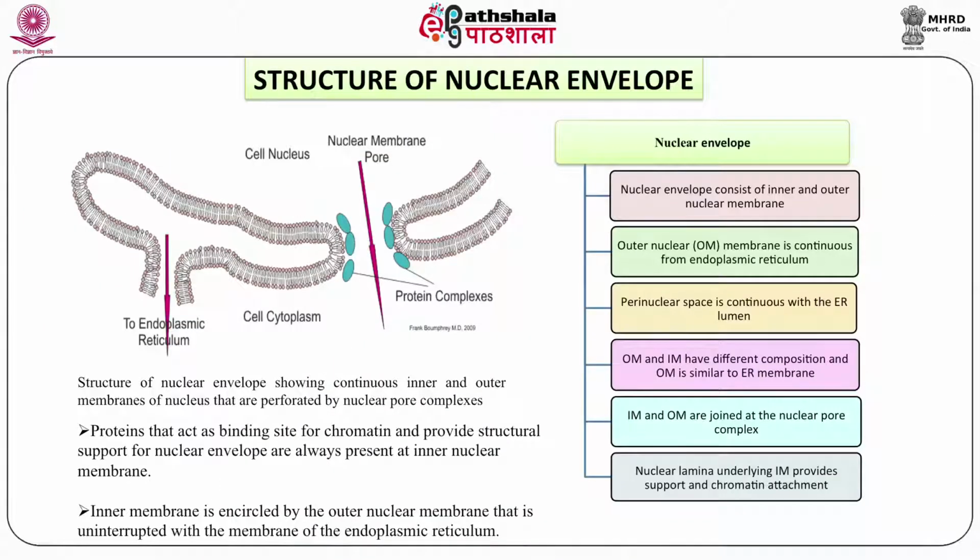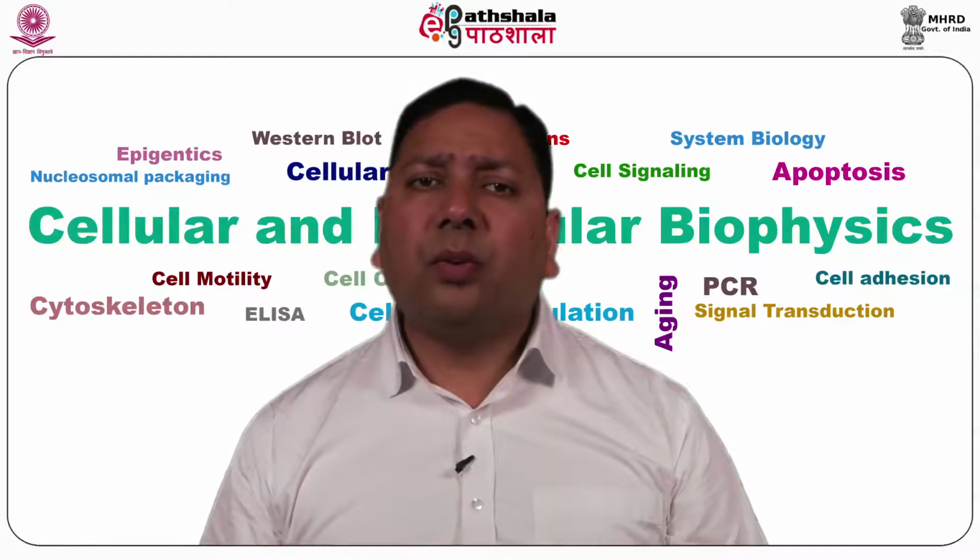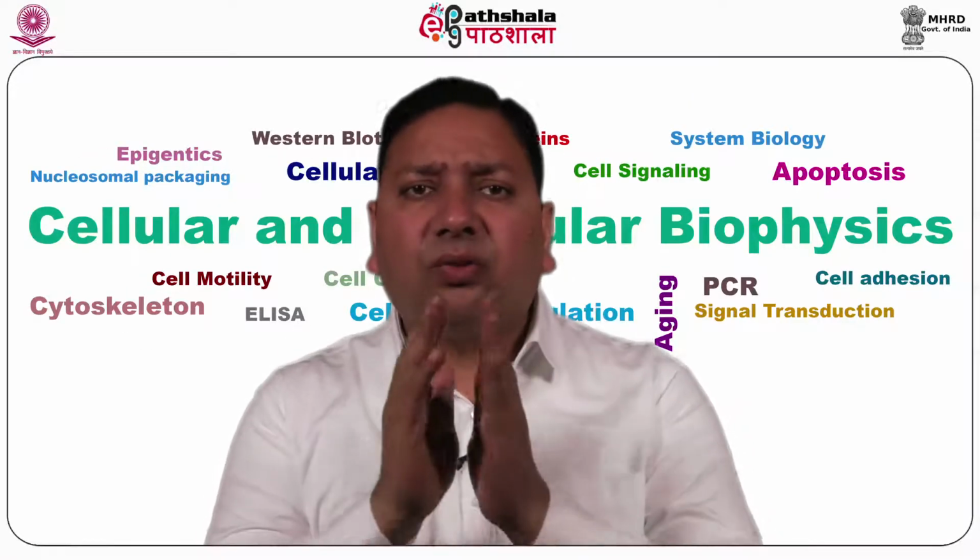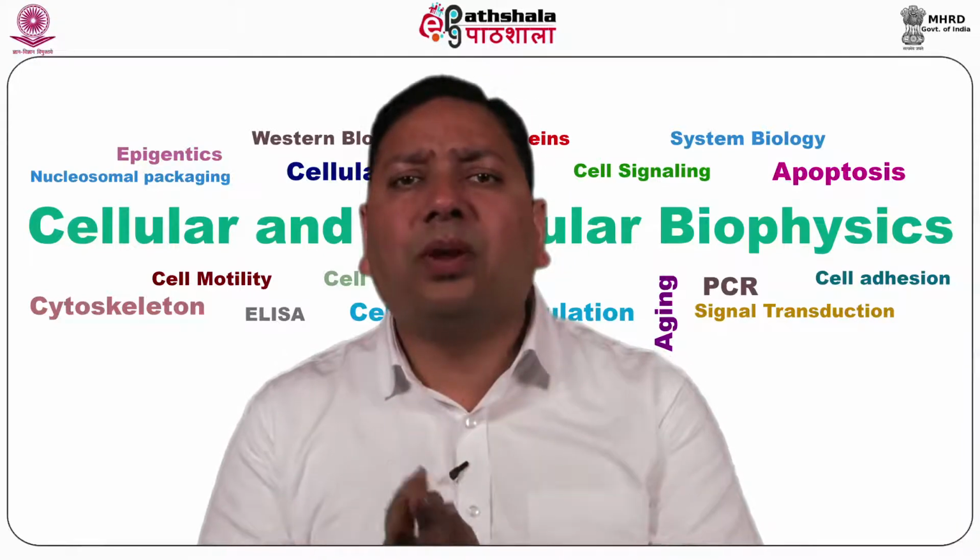Now coming to the structural components of nucleocytoplasmic transport. The nucleus is enclosed by two concentric membranes called the nuclear envelope, which is perforated by pore complexes that we call nuclear pore complexes.